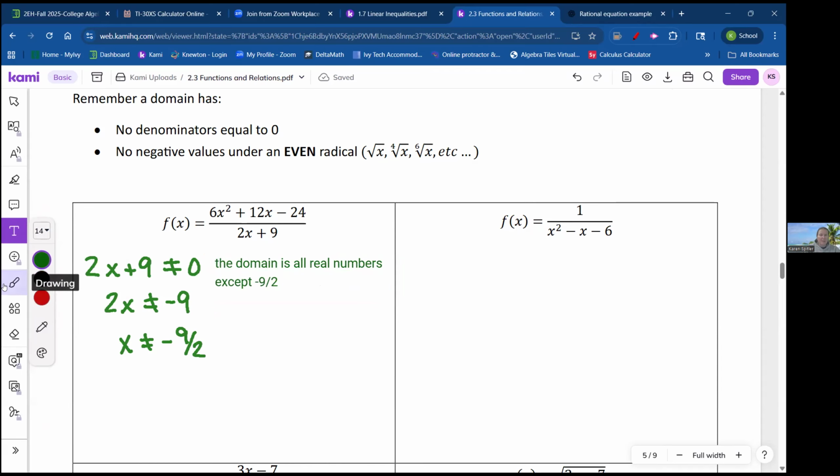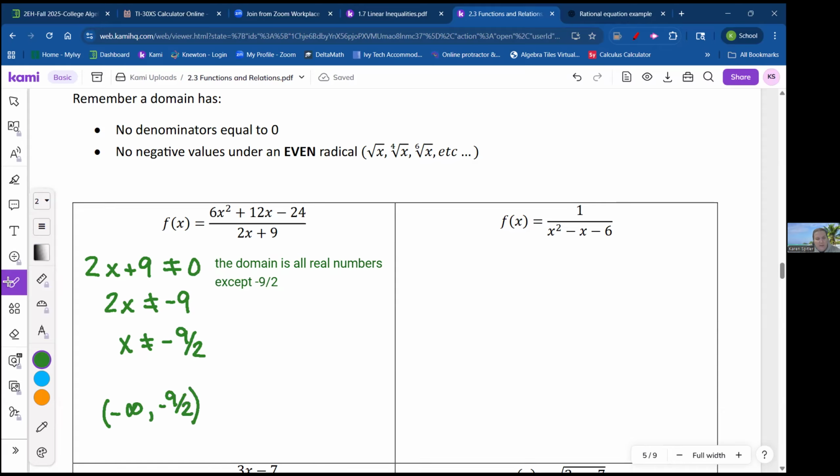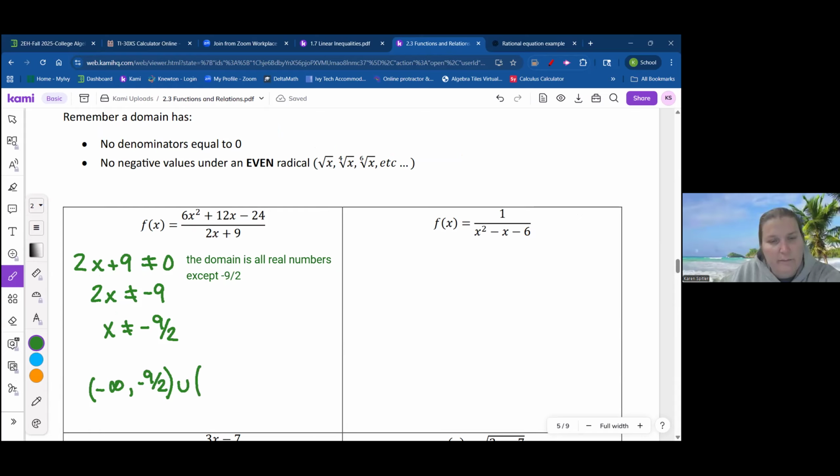Now, your job is to turn those words into interval notation, which means I go from negative infinity to negative 9 over 2, and I skip it with a parenthesis, and then from negative 9 over 2 to infinity. That is your domain.